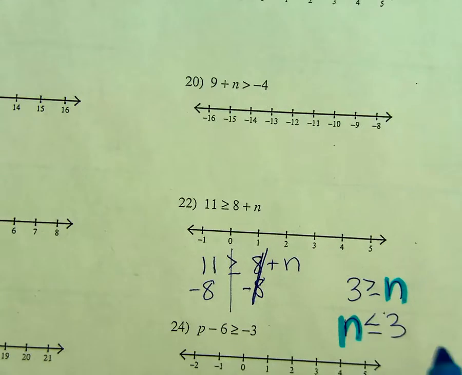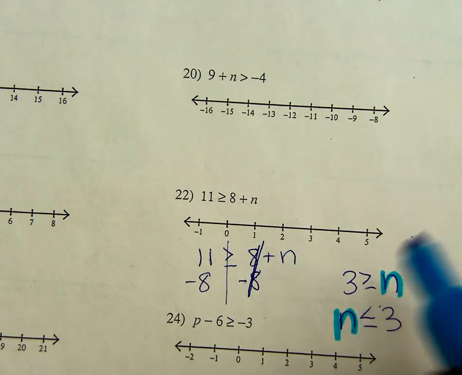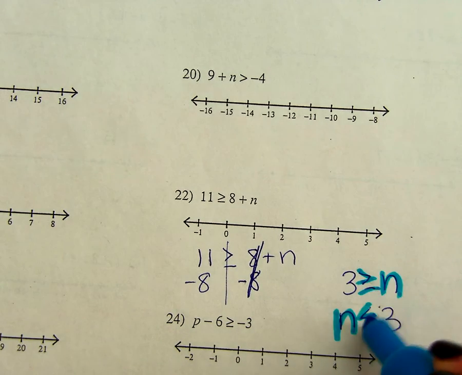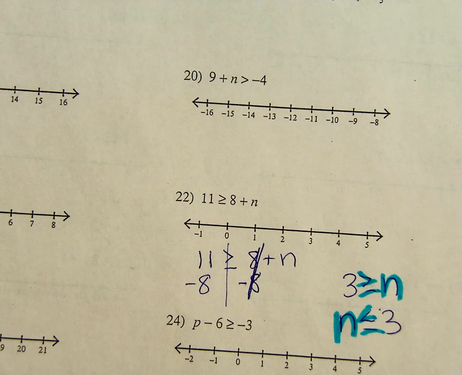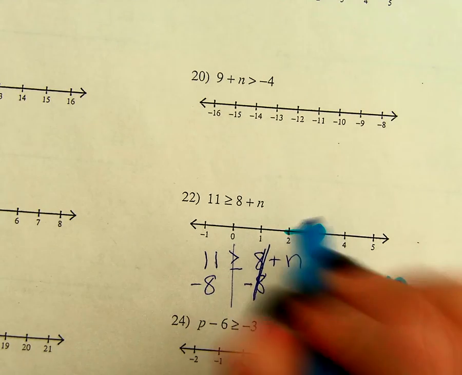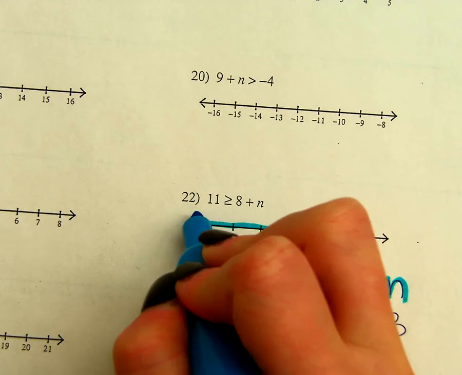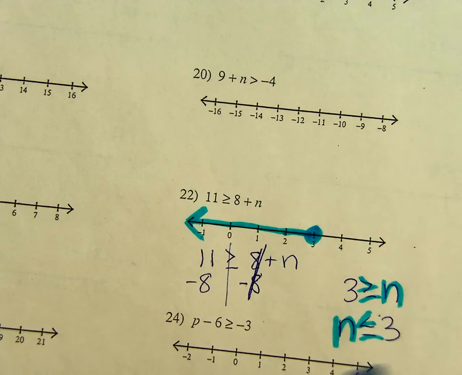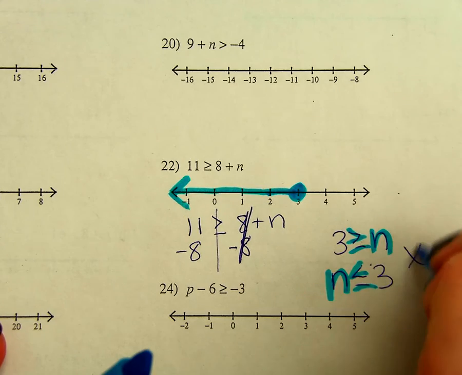So when the variable becomes first, you need to switch your sign. Please do not forget that, or you will get a whole bunch of problems wrong on the back, because it needs to be a closed circle and it is less than, so you're going this way. Please make sure that you do this.